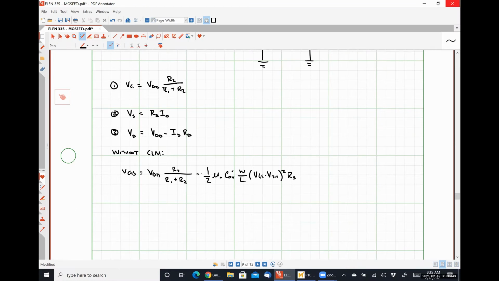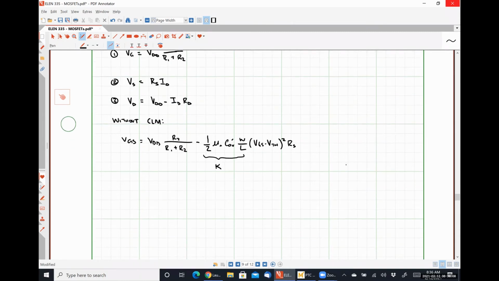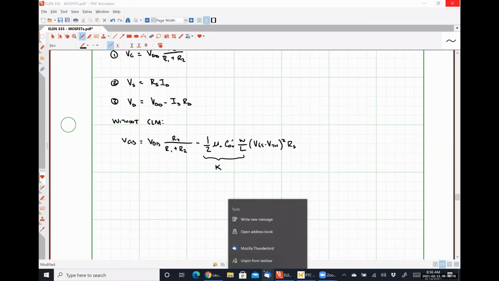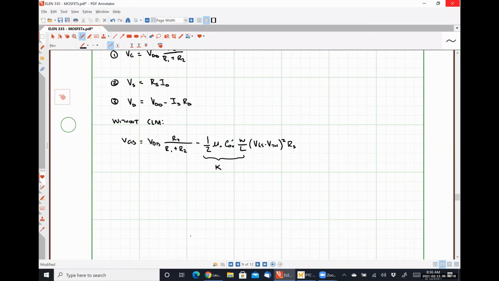And just to make the math a little bit less complicated, I am going to call this quantity 1/2 mu n Cox times W over L an arbitrary constant K, because I don't want to have to keep rewriting it over and over again. Okay. I don't want to say simplify, but using algebra, we can make it look like this.